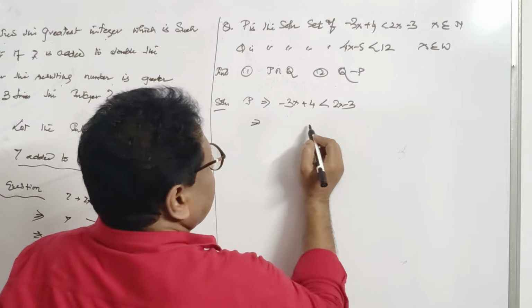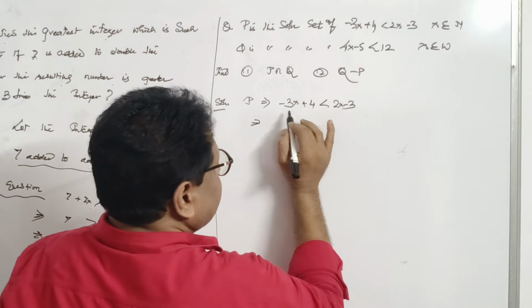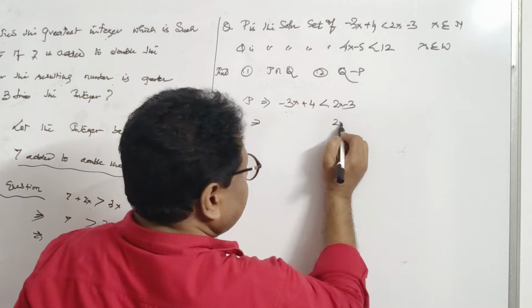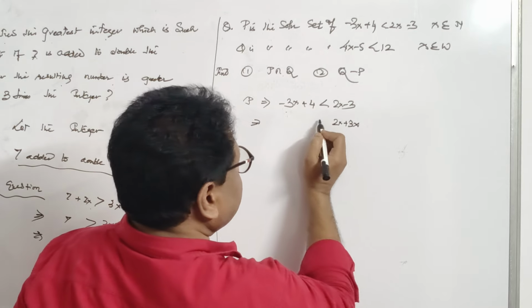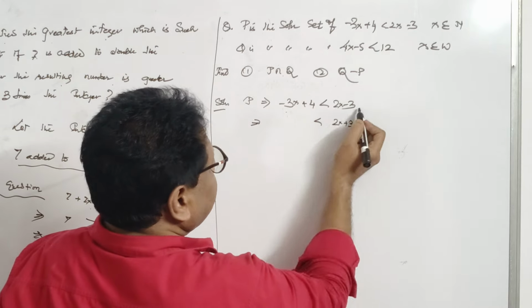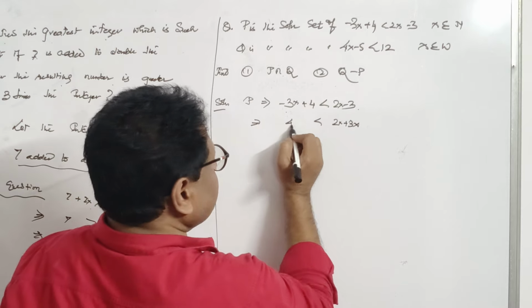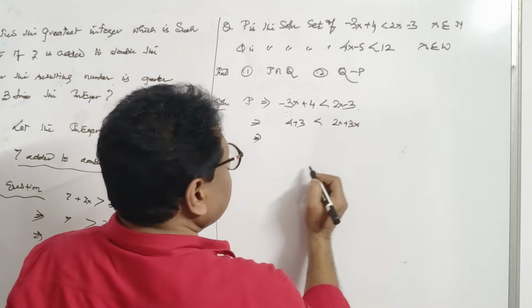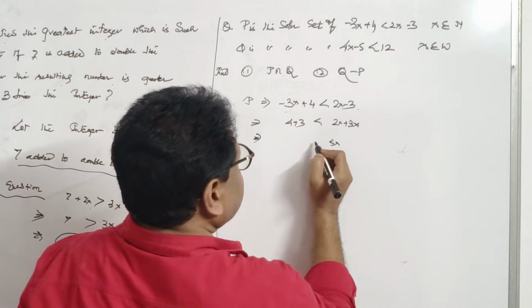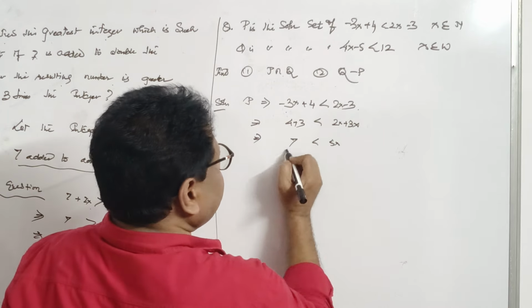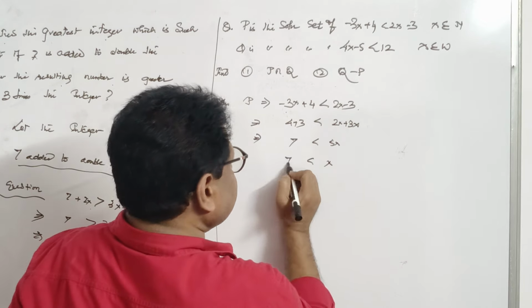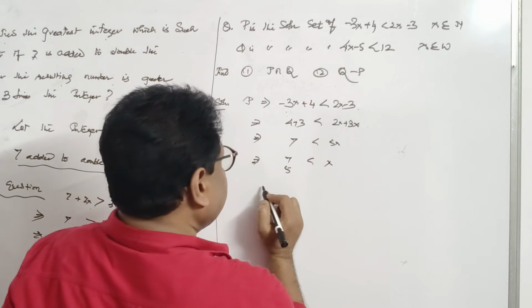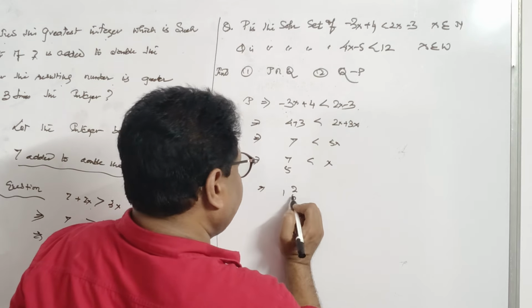Because x has to be on the positive side, shift minus 3x to the right hand side, so it is 2x plus 3x greater than, minus 3 goes over here, so it is 4 plus 3. Now here we have 5x greater than 7, that means x is greater than 7 by 5. That comes to 1 2 by 5.